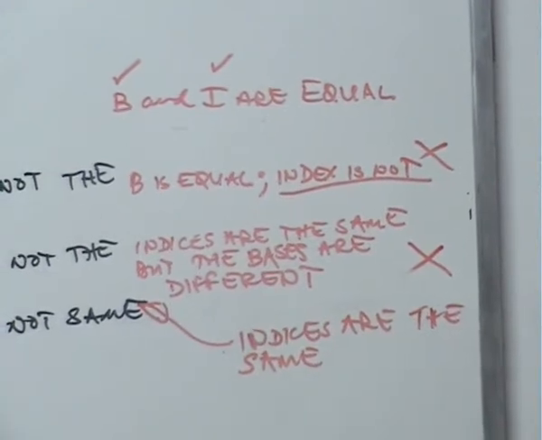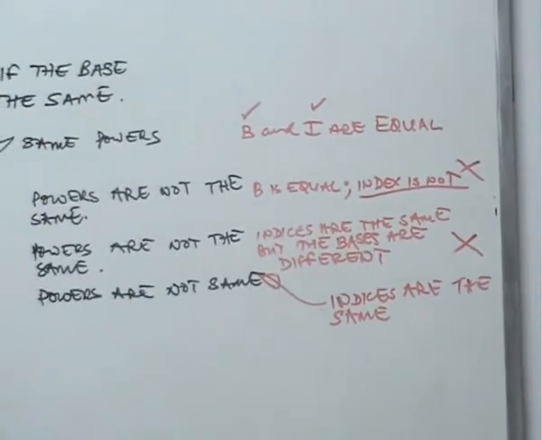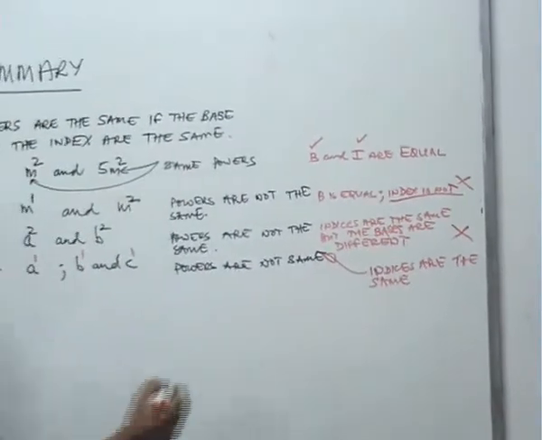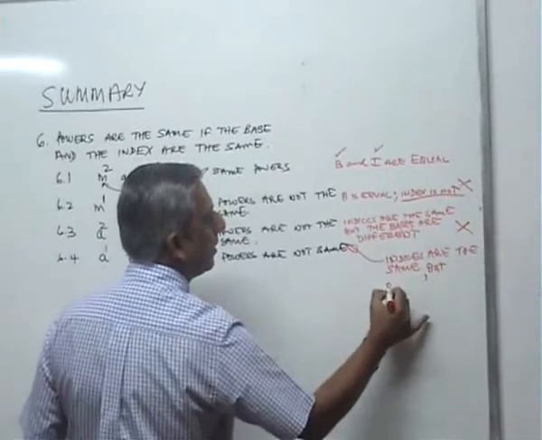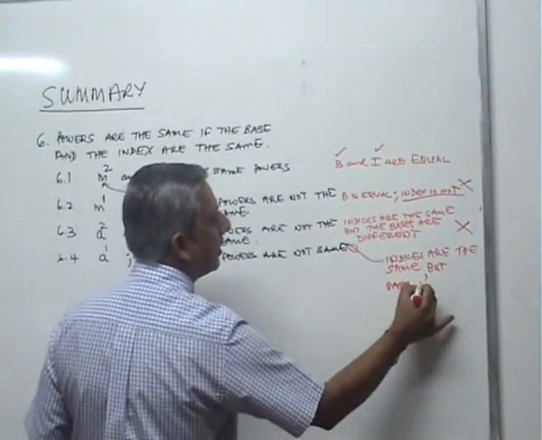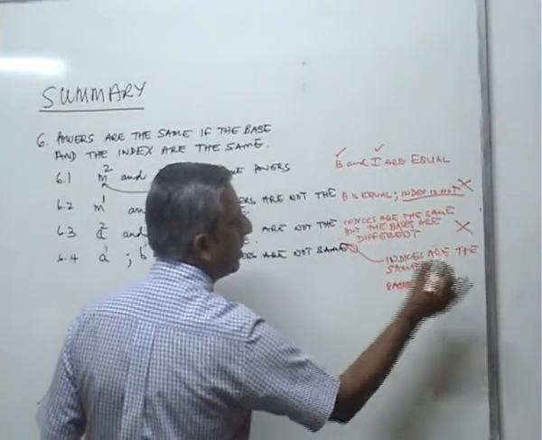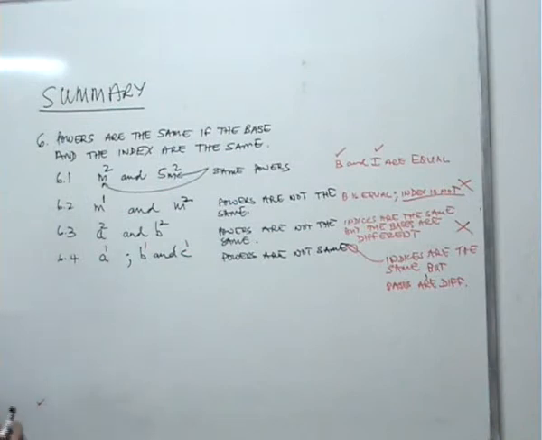Although the ones were not written, it is understood to be 1. So the indices are the same, but the bases are different. Therefore, these powers are not the same.